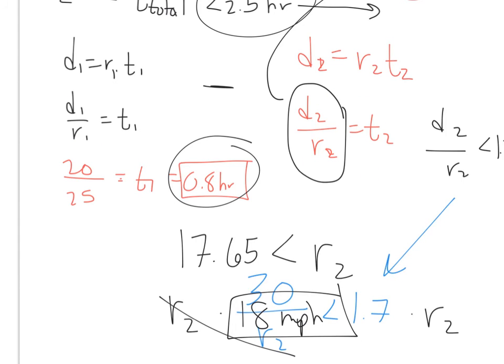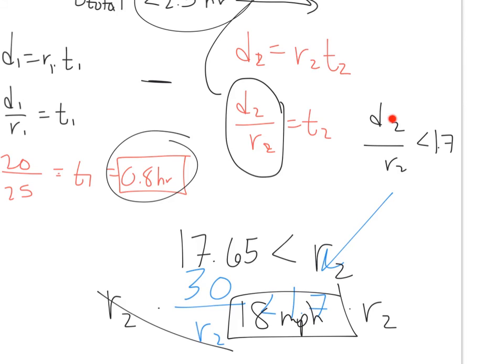So d over r, right here, must be less than 1.7, because that's how much time you had left. Switch these two spots. Remember, you can just flip these two. If you guys are forgetting this, whenever you have something where it's like t equals d over r, you could flip-flop these. Multiply by r2, divide by 1.7. Just switch these positions, and you could use that every time. Any questions on this problem?